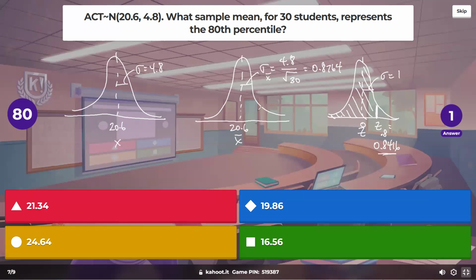What we need to know is where this is on this distribution here. So we have another equation for that. That's the equation on the far right column.